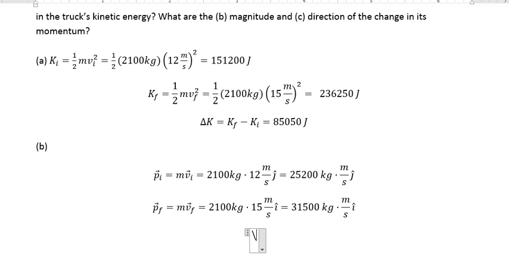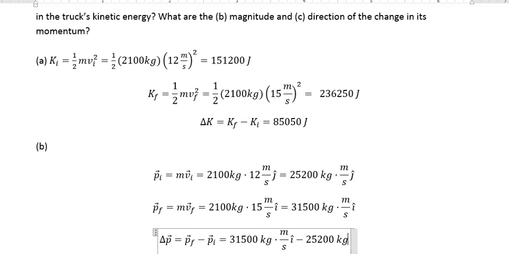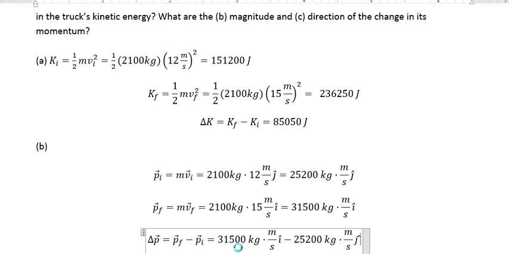Well, final momentum minus initial momentum. So final 31,500 kilogram meters per second i hat minus 252,000 kilogram meters per second j hat, right?